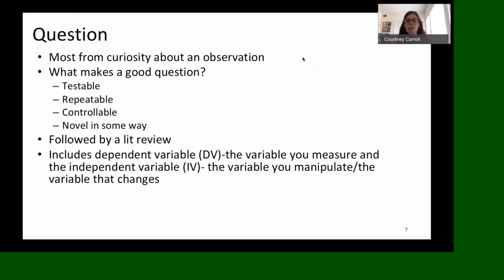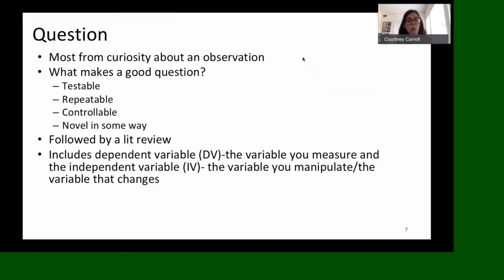And when I say novel, I don't just mean that the only good studies are studies that have never been done before. There is something called a replication study. And replication studies are just that. They're when you repeat something that someone else has done. But replication studies are important, but they don't always make for the most interesting studies. So a good question is something that is new.